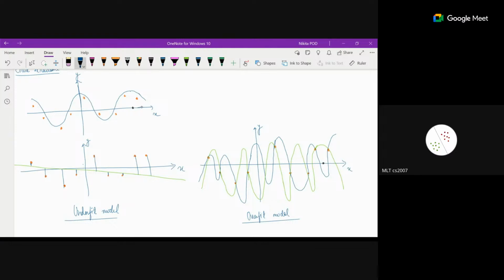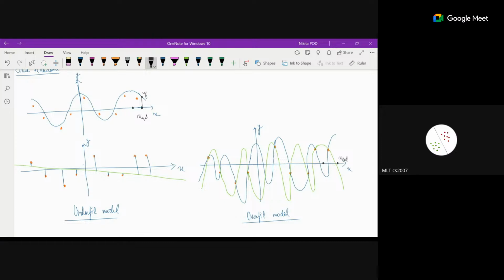So let's say this is my test data set. For this test data set, this is my true Y. If I look over here at the test data point, this is my X test.